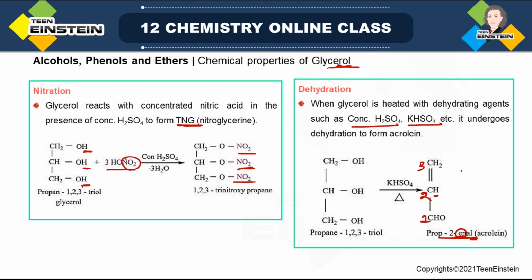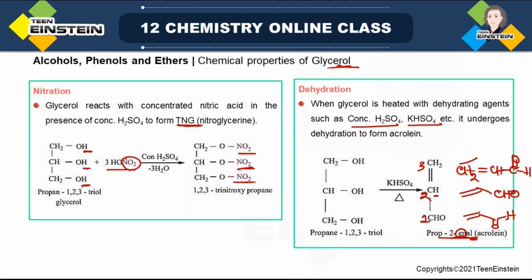You can also write the molecule as CH2=CH-CHO, or you can write it like this. So in different ways you can write the same molecule, and you should practice it, because right now you are seeing this PPT and the molecule is drawn in a vertical position, but in the exam it may be given in a different orientation.